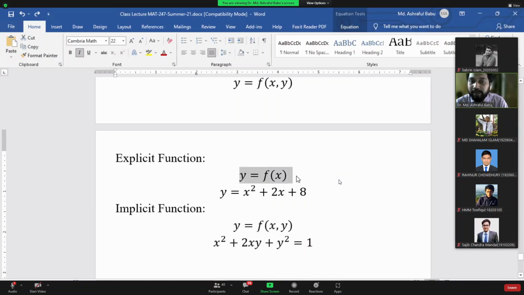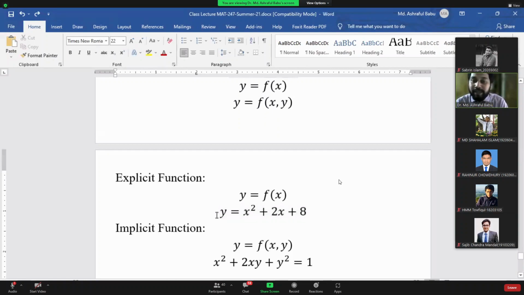It is possible, but not always, because sometimes you cannot separate the variables. When you can separate the variables, you can convert implicit into explicit, but when you cannot, then you cannot convert implicit to an explicit function.